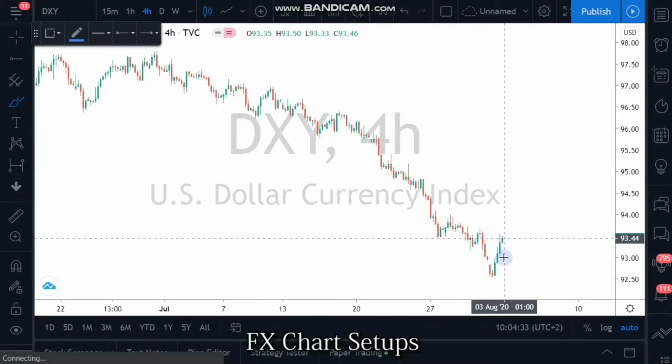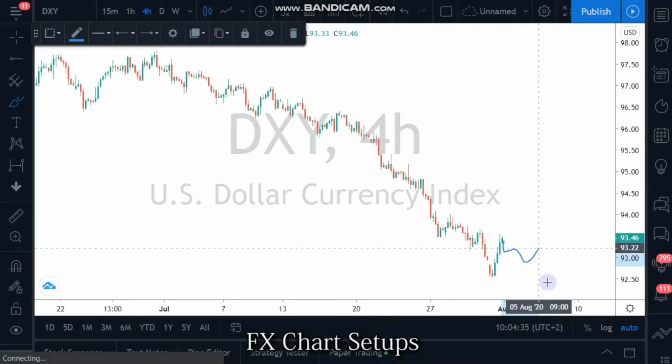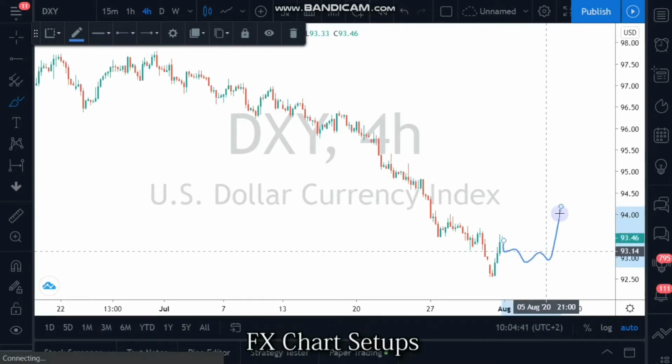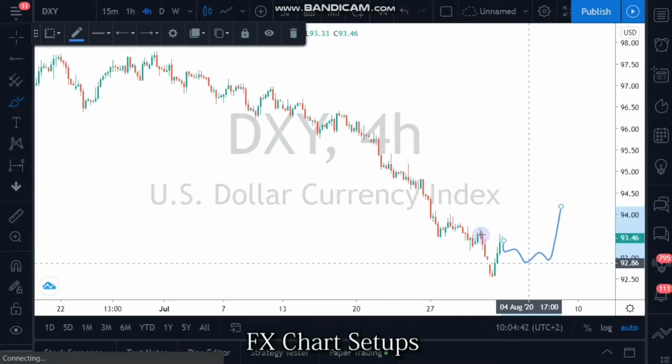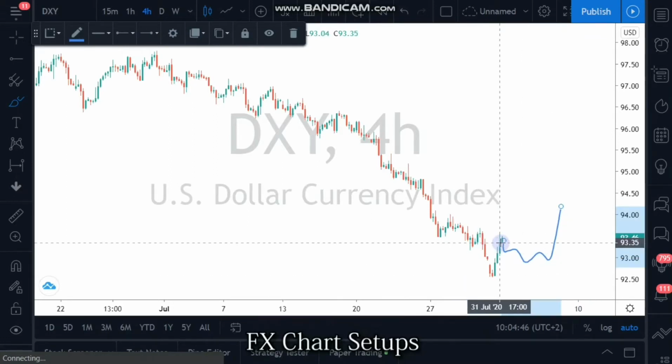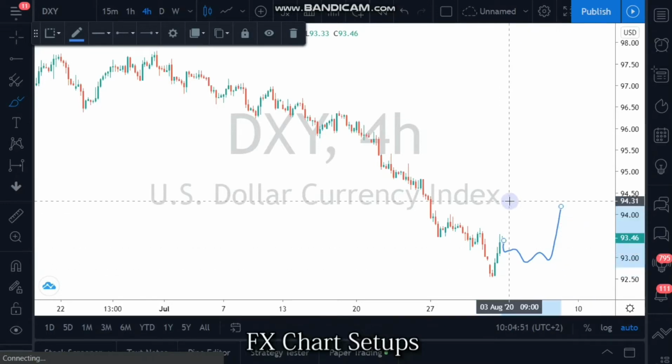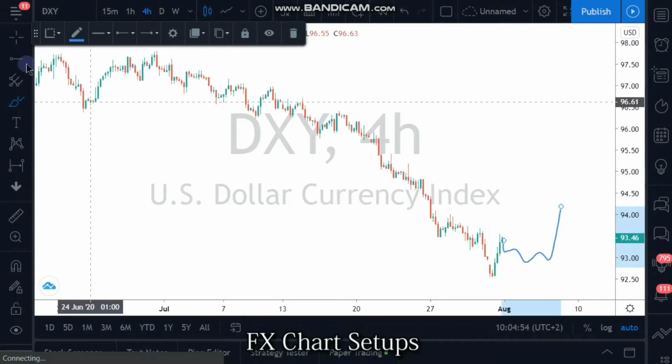So if we see some type of corrective pattern here, that is a clear indication that we will see this market rise from here. Why? Because after an impulse, and after every impulse correction, we need another impulse. That's the principle. Very simple principle.